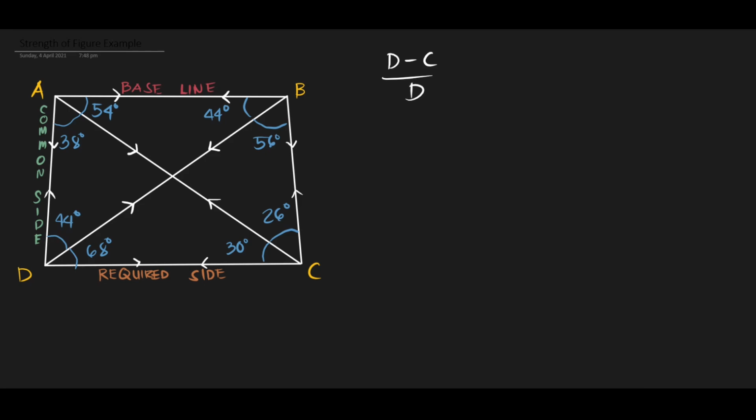Okay, so let's start with the D minus C over D part. We will calculate the value for the deltas later. So D is the number of directions observed excluding the known side of the figure. Now, as you can see here in the quadrilateral, we have arrows indicating the directions observed. Okay, so if we take a look at our baseline, it's observed twice. It's observed in this direction, right?